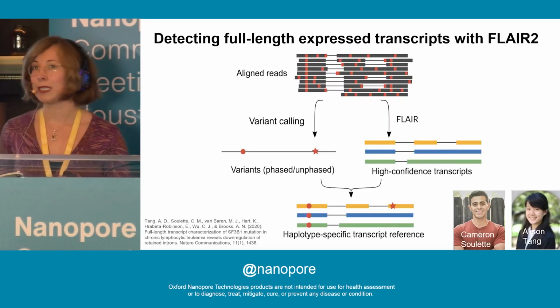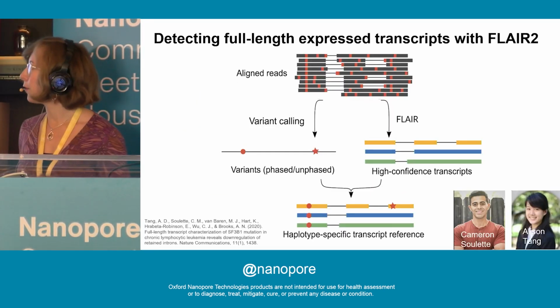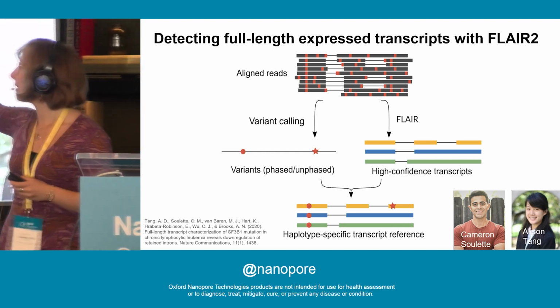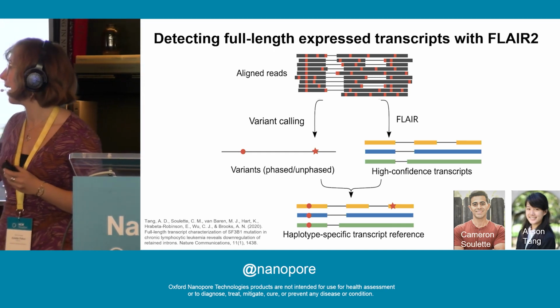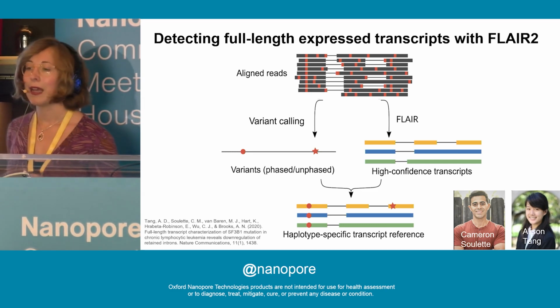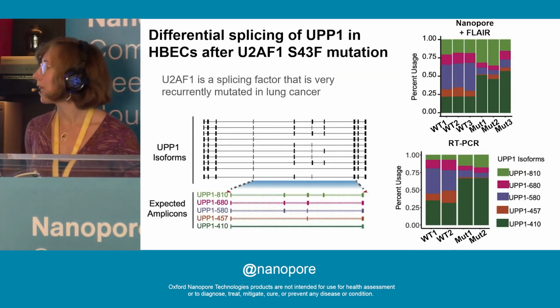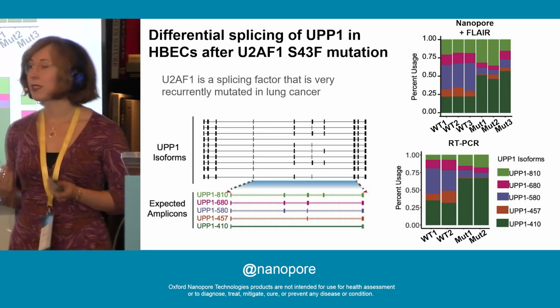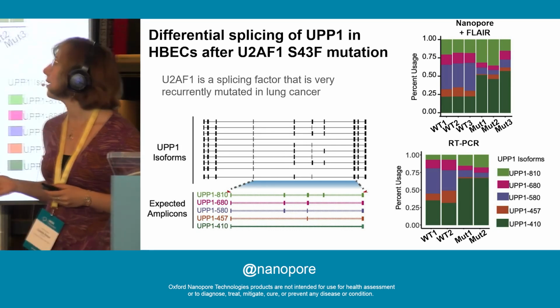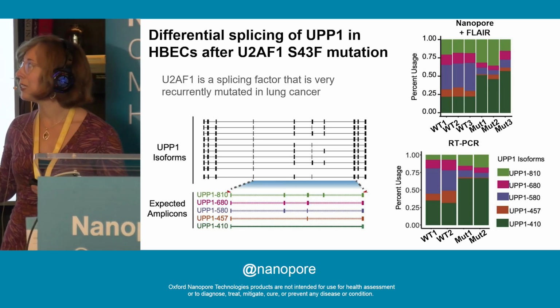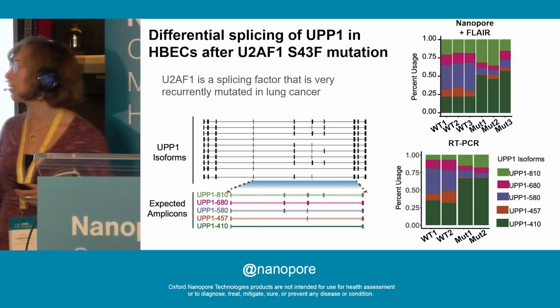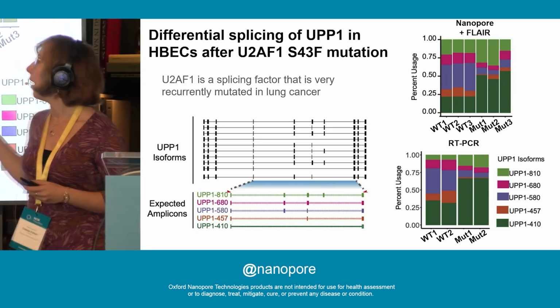And for this, we developed a tool called FLAIR that takes your aligned reads and identifies a high-confidence set of transcripts. And this can be really useful in different types of cancers. For instance, here's a study we did with human bronchial epithelial cells after a mutation in the highly mutated splicing factor U2AF1.